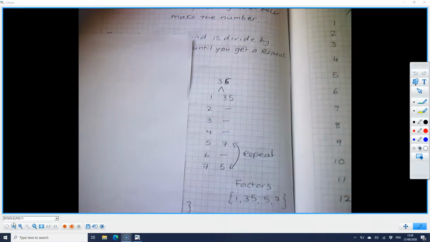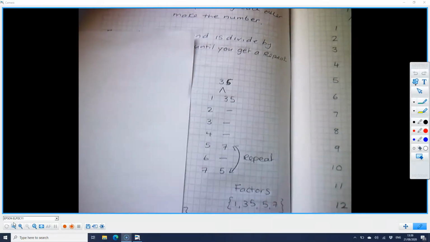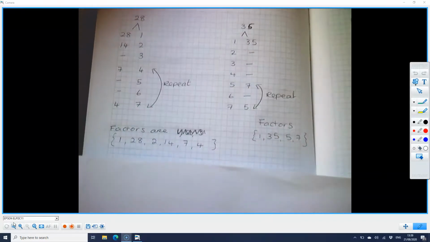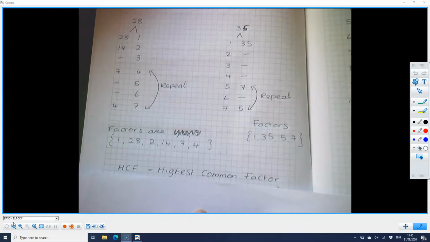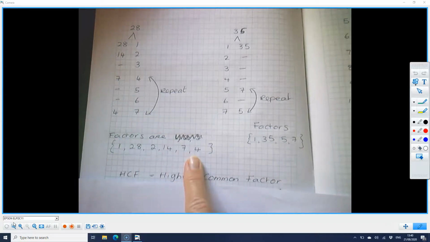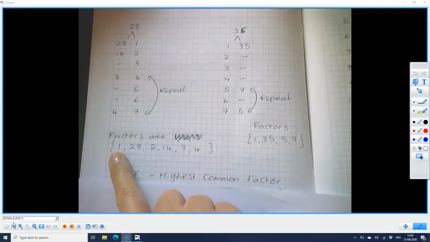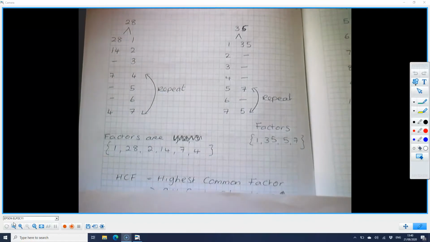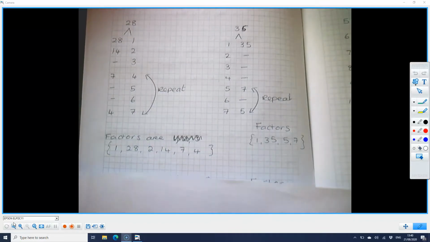When you have the factors, they can ask you stuff like what's the HCF and the LCF. The HCF stands for highest common factor. In terms of highest common factor, you would work out the factors for your numbers. For example, 28 has the factors 1, 28, 2, 14, 7 and 4, and the factors for 35 are 1, 35, 5 and 7.